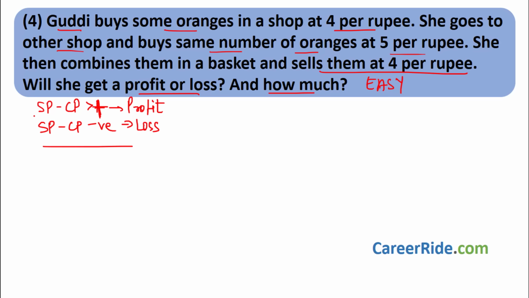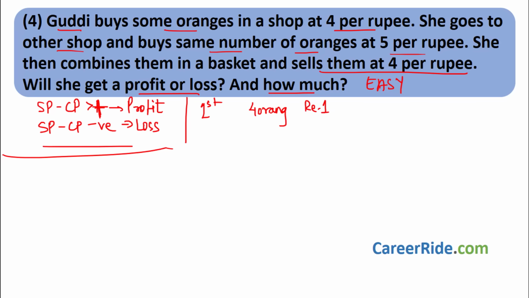That much we know. Now do we know the selling price? No, we just know that she sold them at 4 oranges per rupee. In the same way, for the cost price, we do not know. Let us assume that Guddi goes into the first shop. Over there she bought the oranges at the rate of 4 oranges for 1 rupee.